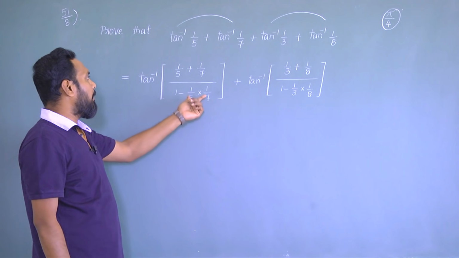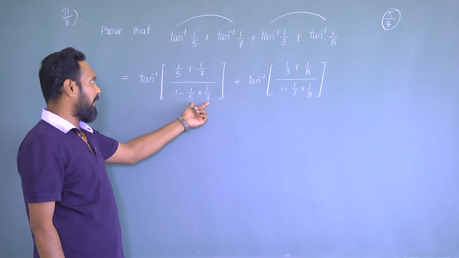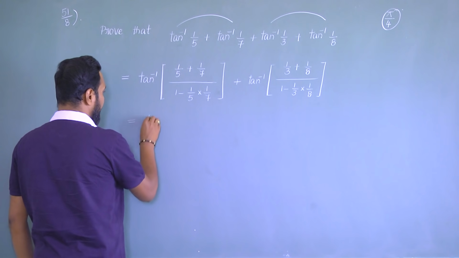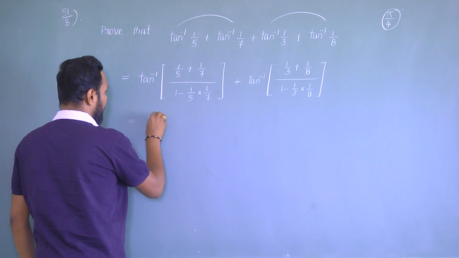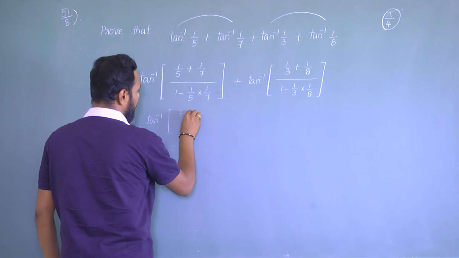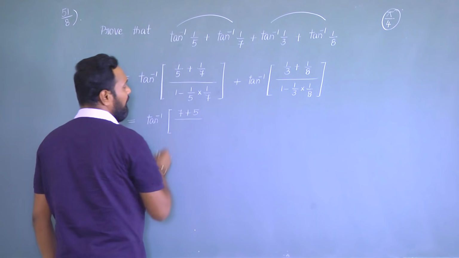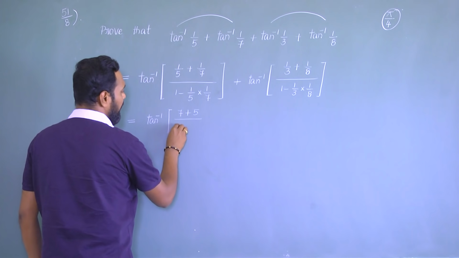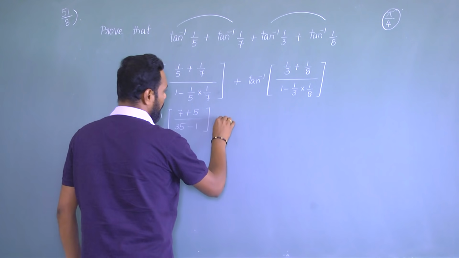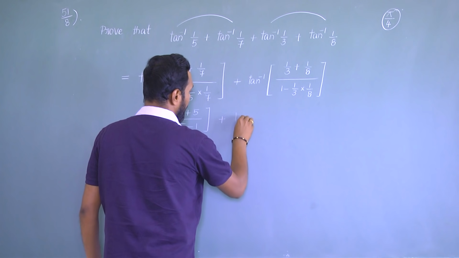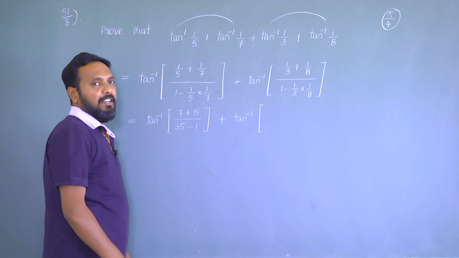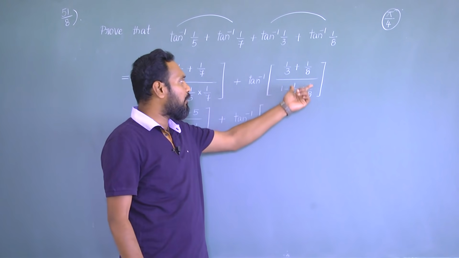Taking the LCM in both numerator and denominator, I can take 35 and I will cancel. Then you will get tan inverse of 7 plus 5 divided by 7 5s are 35 minus 1, plus tan inverse of numerator and denominator LCM is 24.